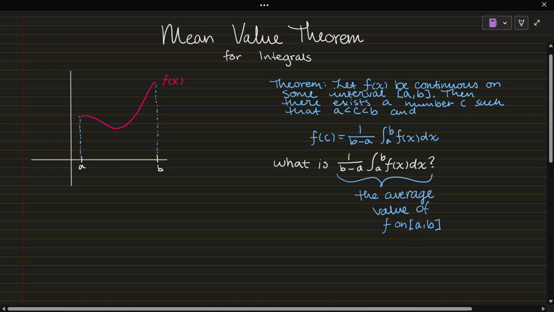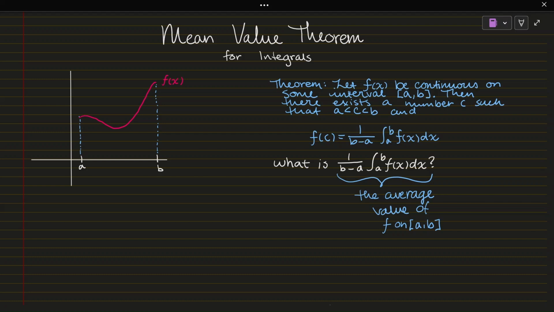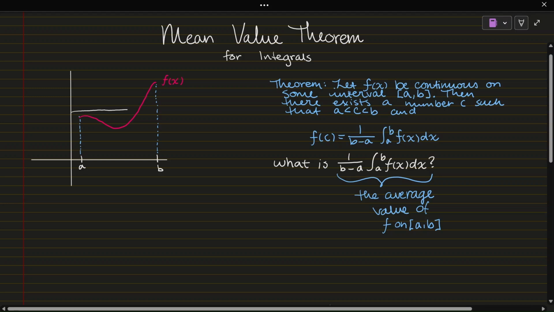And so we claim that there's a number c such that f of c is the average value. Let's take a look at what I'm saying here. On this graph, let's say this is the average value, and we can denote that by f average or f bar, the average height of f.